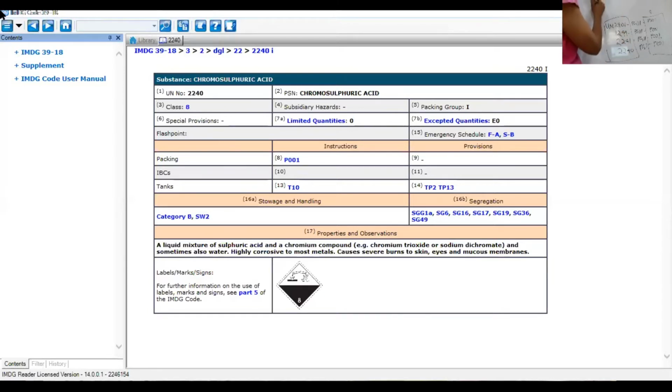So I will contact the drum manufacturer. And when I give the drum manufacturer these details, they generally know. The ones that are making drums, they already know.